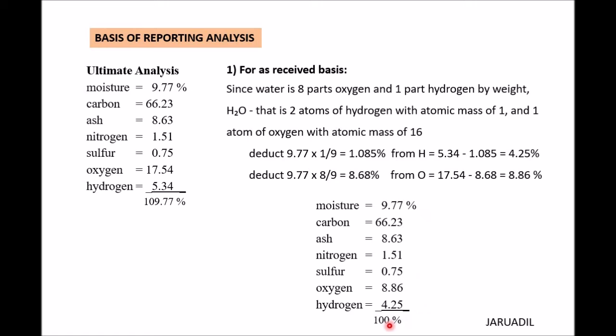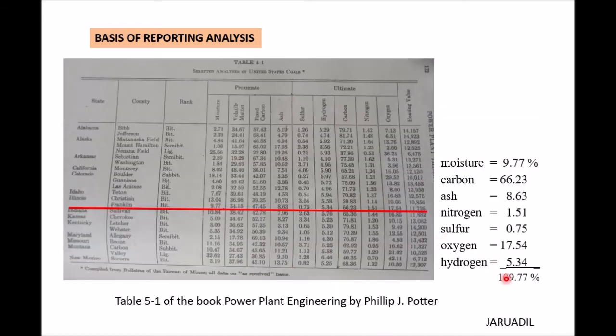So this is equal to 100%, kasi ibinawas natin yung hydrogen and oxygen na nandito sa moisture. Kung napapansin nyo, ang total talaga niya is 109.77, kasi yung 9.77 ay moisture siya, which is oxygen and hydrogen combined in the form of moisture.